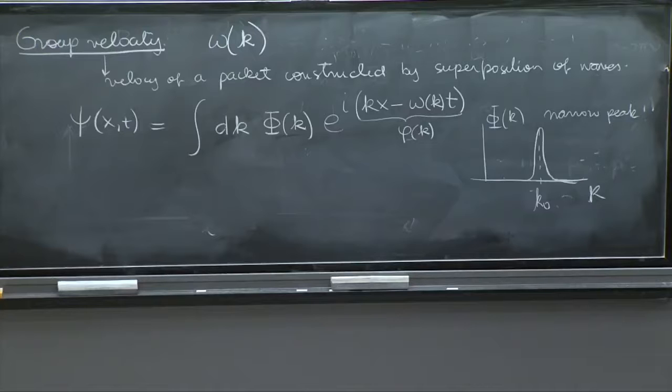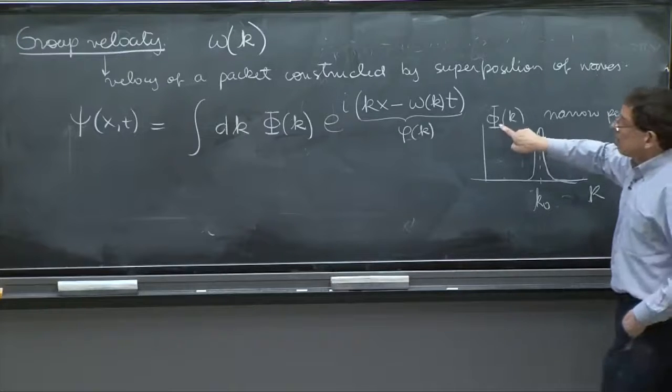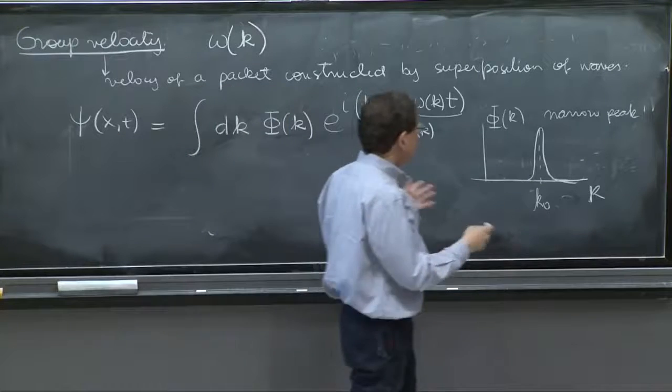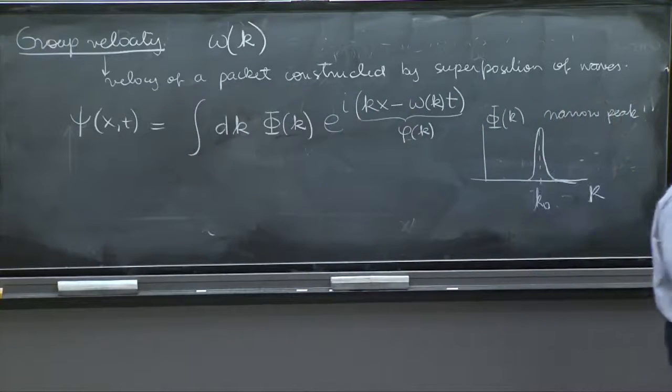And that is our wave. And depending on how this phi of k looks, then we'll get a different wave. And we're going to try to identify how this packet moves in time. Now, there is a quick way to see how it moves. And there's a way to prove how it moves.